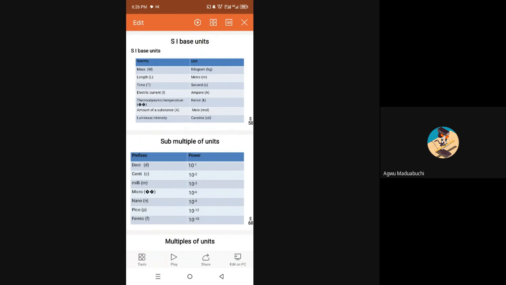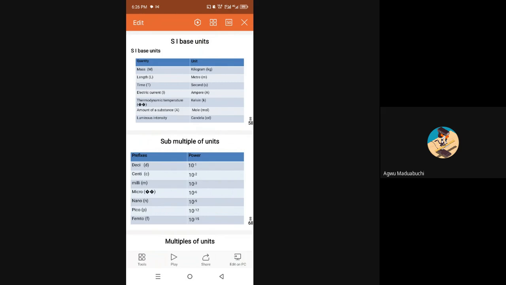So those conversions, especially when you are using millimeter to meter, you divide by 1,000. Milliampere to ampere, you divide by 1,000.